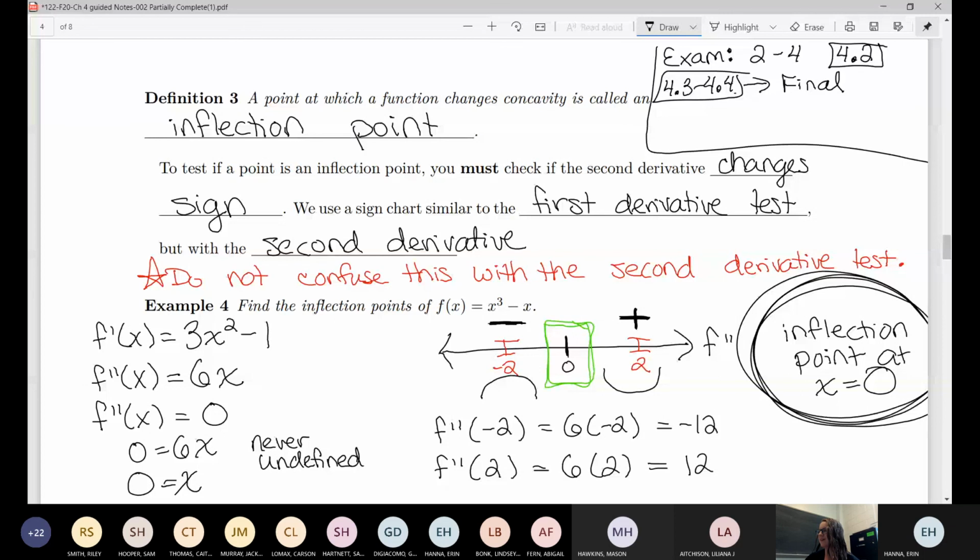Oh, Lord. I'm so sorry. So remember, there's a difference between the critical point values and the test point values. Your answer doesn't use the test points, it uses the actual points. So I'm so sorry, the inflection point's at 0, not at 2. Holy bananas. Oh, and now I'm out of time.